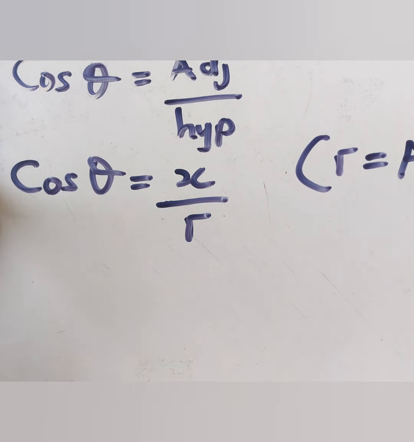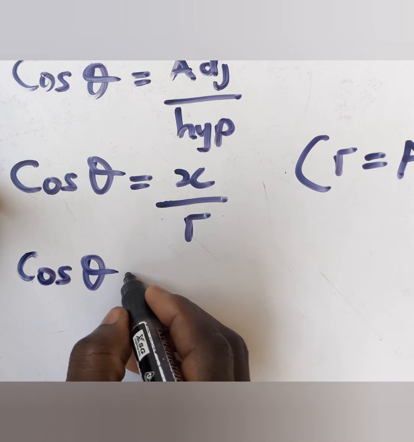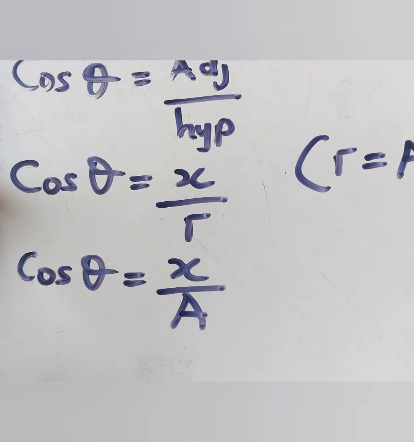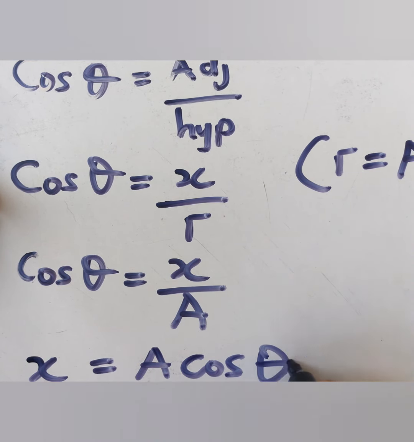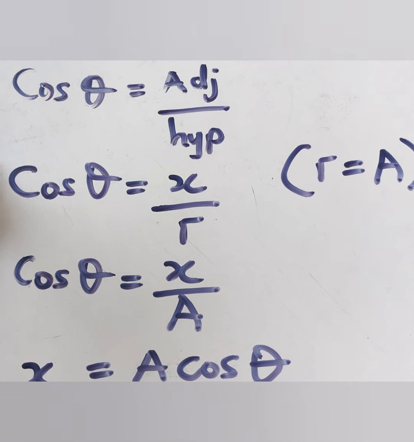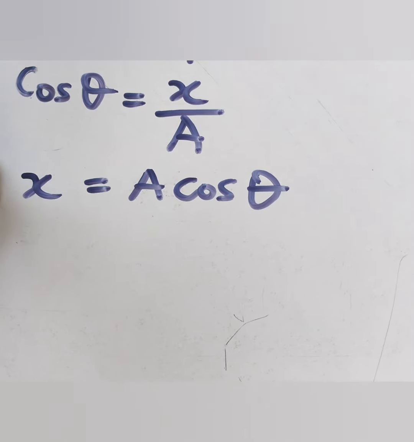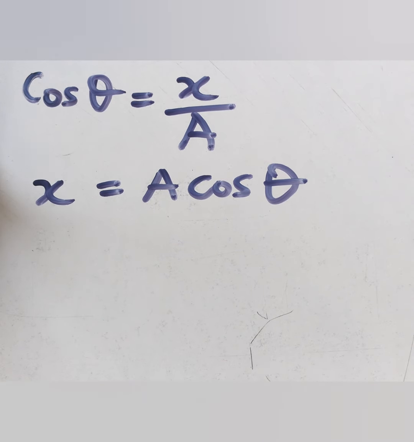So I can write cos theta is equal to x divided by a. If I cross multiply from here, I can write that x is equal to a cos theta.